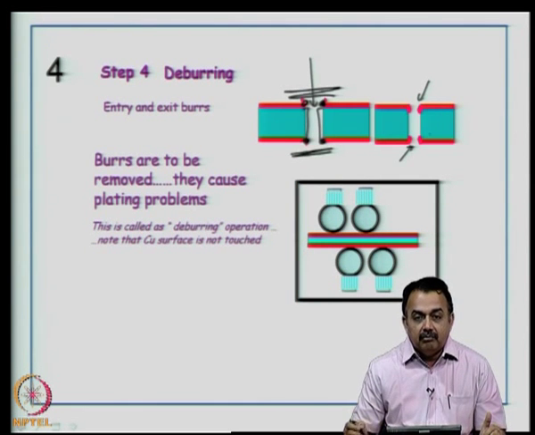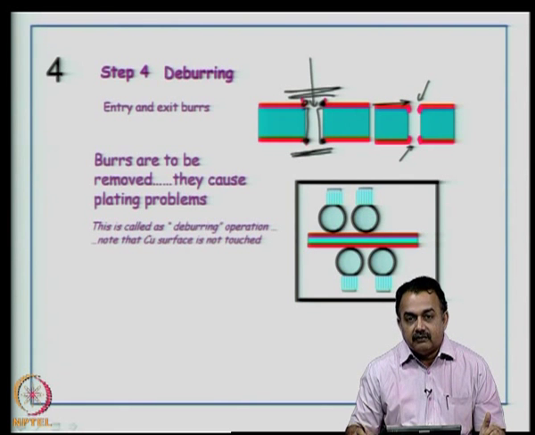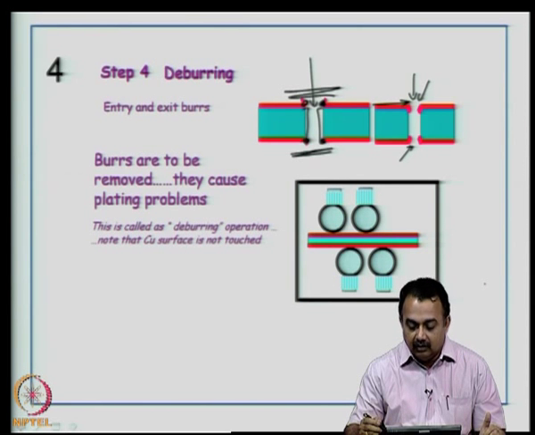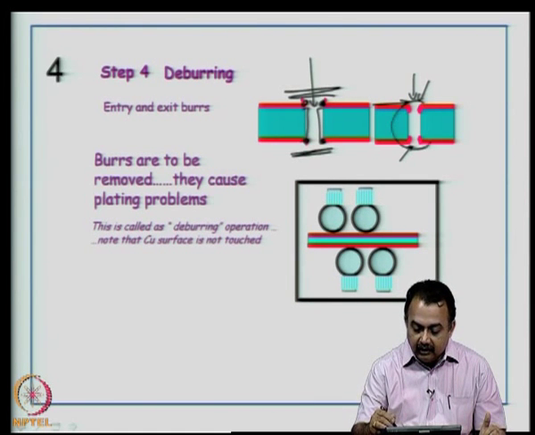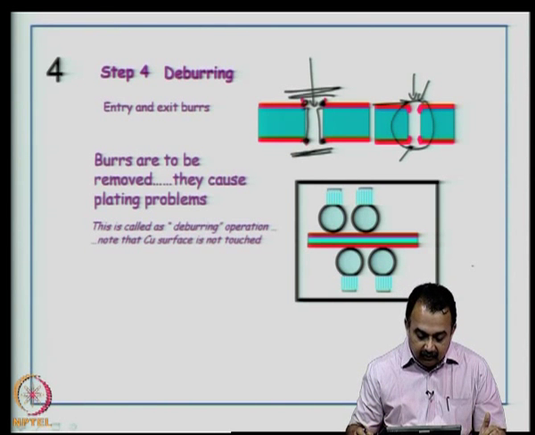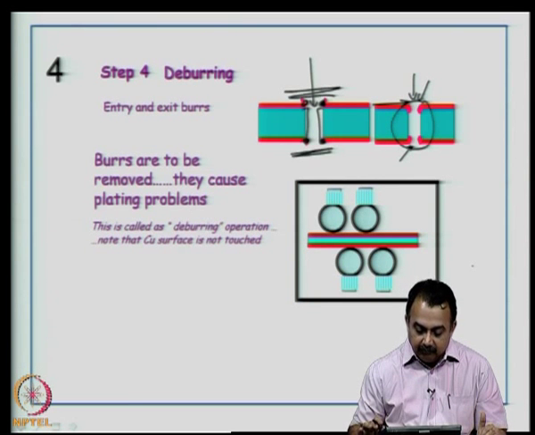So, you can use brushing machines that can go through the surface of the panel and push the burrs inside the hole wall. Then later you can clean the hole wall inside by chemical and mechanical cleaning. So, one thing is sure that burrs have to be removed, they cause plating problems.